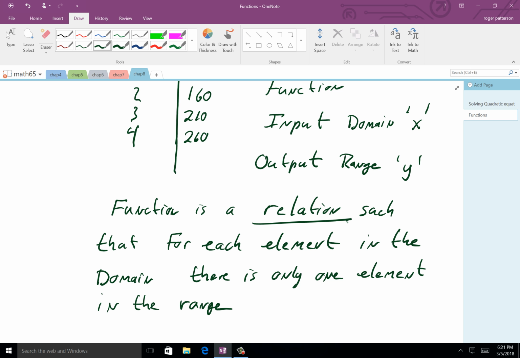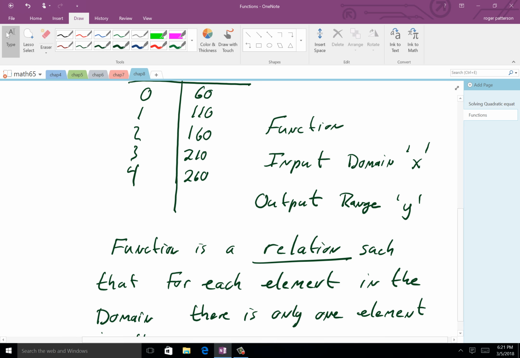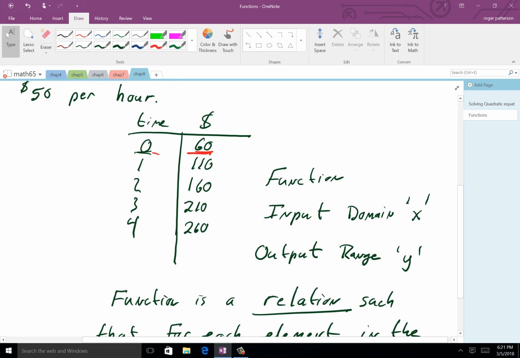But a function is a part of that. It's just that a function is separate because you have to have one number here paired up with one number here. And the reason why this is another good example of a function is because the plumber can't charge you two values per hour. If he works for 3 hours, it's $210.